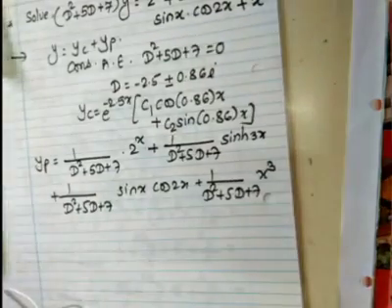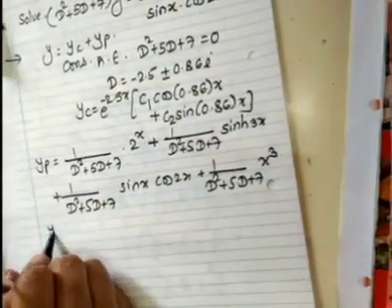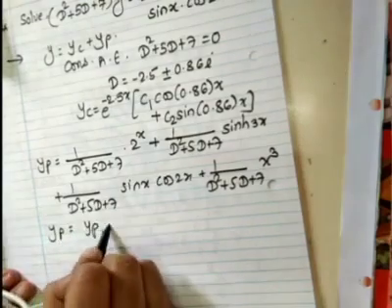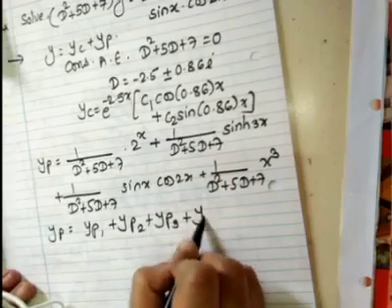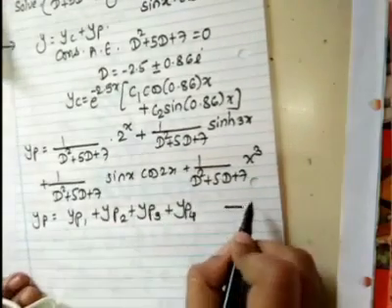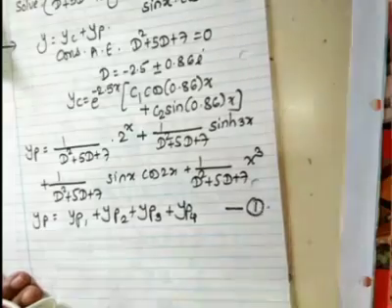Okay, all are separated now, and what I'll do is write yp1 plus yp2 plus yp3 and plus yp4 as they are, I think, bigger terms. So call it as equation number 1.